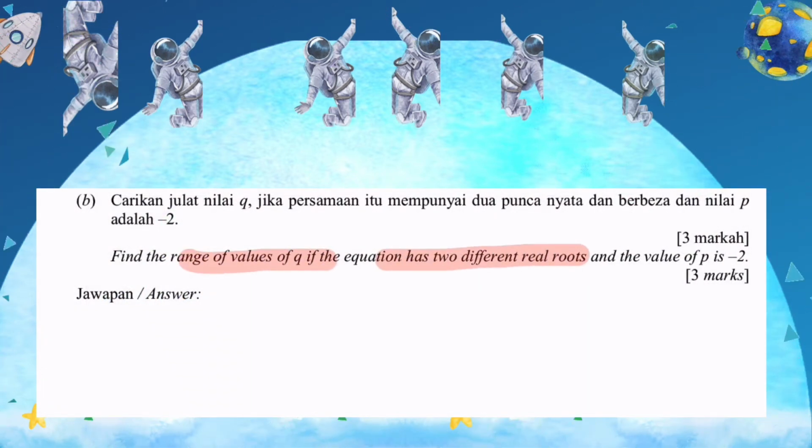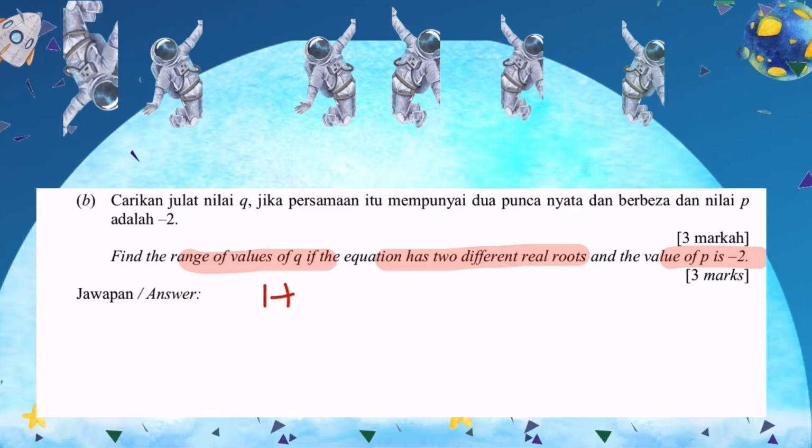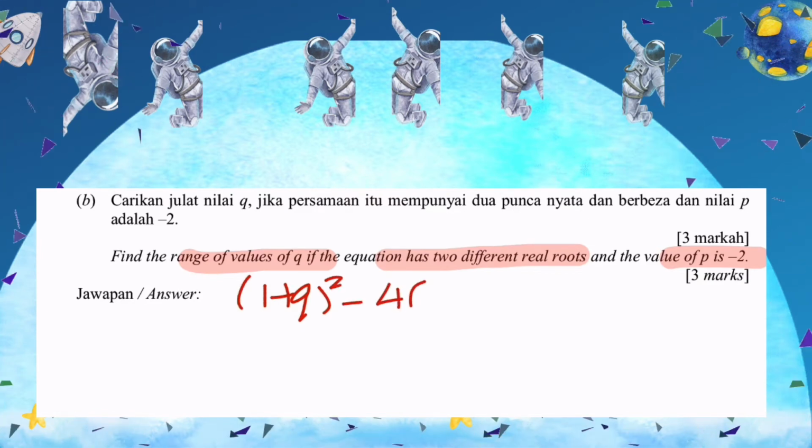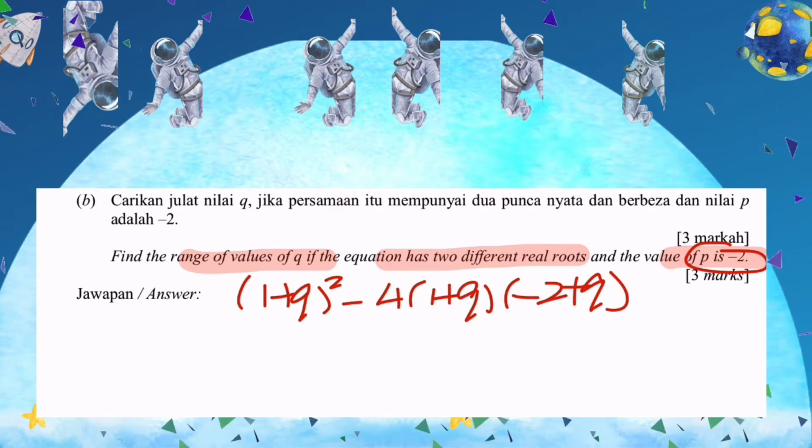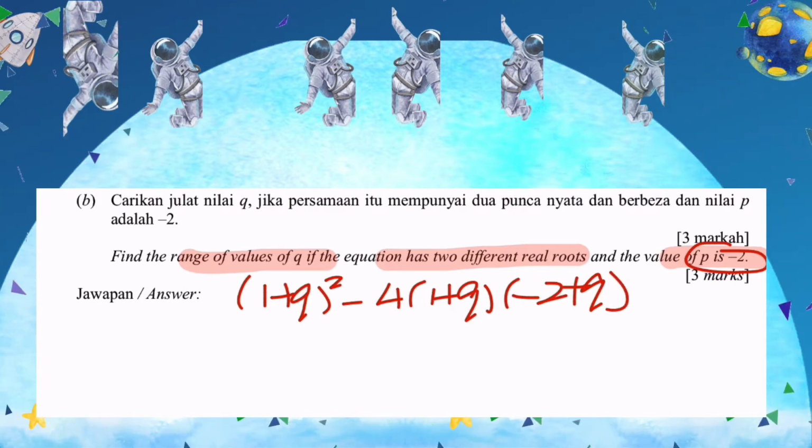Find the range of the values of q if the equation has two different roots and the value of p is given as -2. So let's use b squared minus 4ac more than 0 because of two real roots, so it must be more than 0.